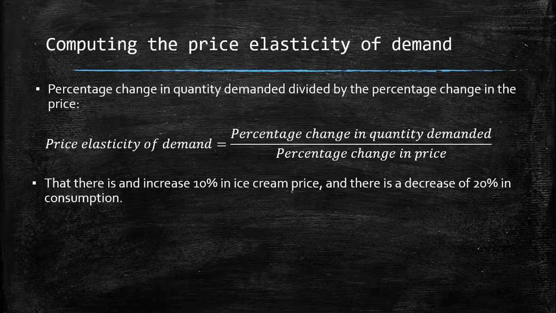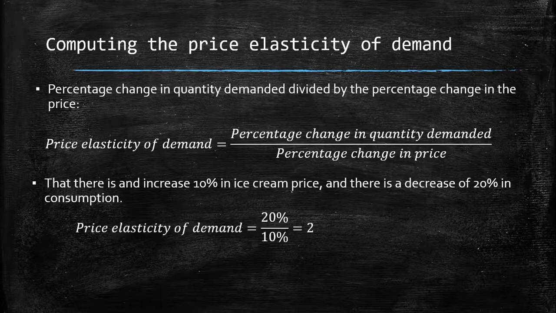Imagine that there is an increase of 10% in the ice cream price, and there is a decrease of 20% in consumption. Because it's more expensive, people consume less ice cream. In this case, the price elasticity of demand is 20%, which is the change in the quantity, over 10%, which is the change in the price. So we have as an answer 2.